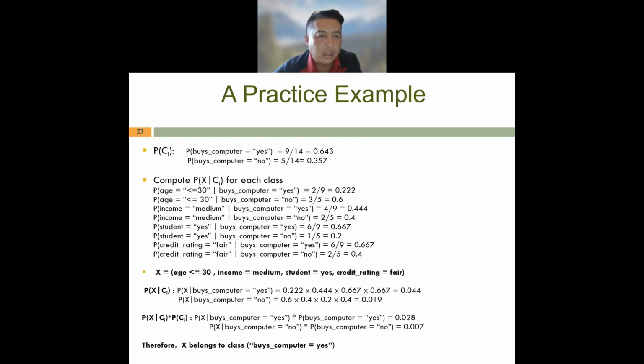this one, because the X value is this, all the values for your attribute. Okay, and we wanted to compute this value and also this value, because this is the value that we have for each of the class.